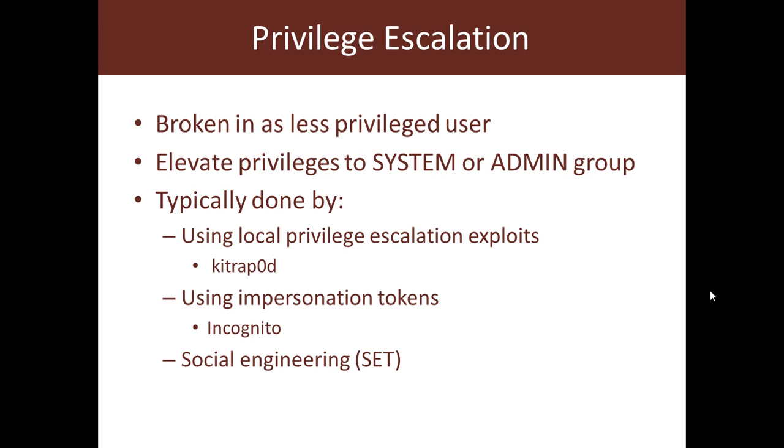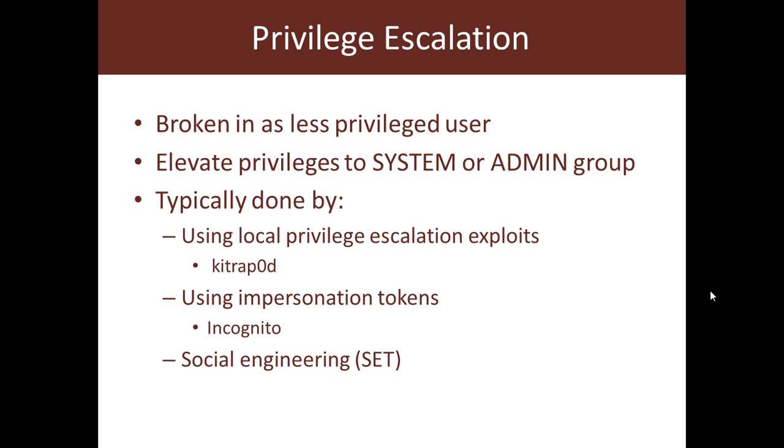Right? So privilege escalation is typically done by either using some sort of a local privilege escalation exploit. There are a number of these exploits for various platforms, including Windows, different flavors of Linux, Solaris, and whatnot. In this specific example, we'll use the Kitetrap OD exploit.